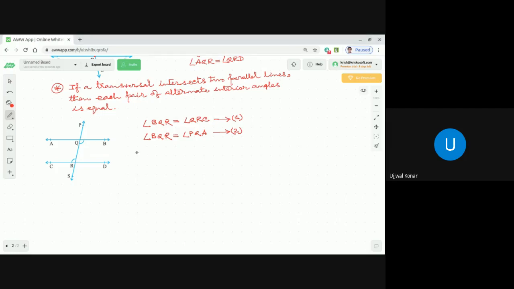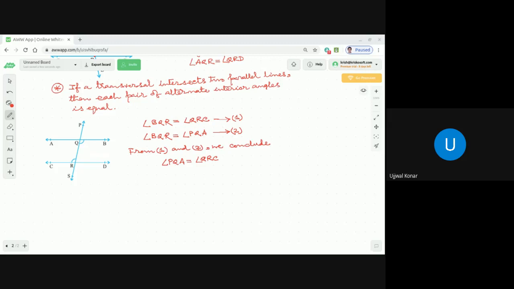So, from 1 and 2, we conclude angle PQA is equal to angle QRC. So angle PQA is equal to angle QRC, but what are they? They are corresponding angles, right, dear students?